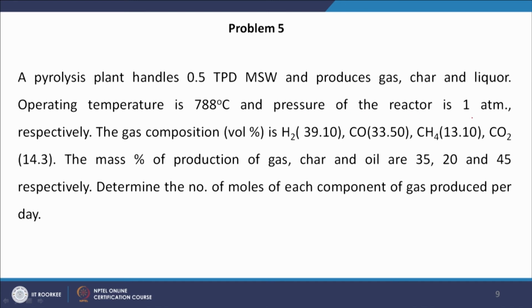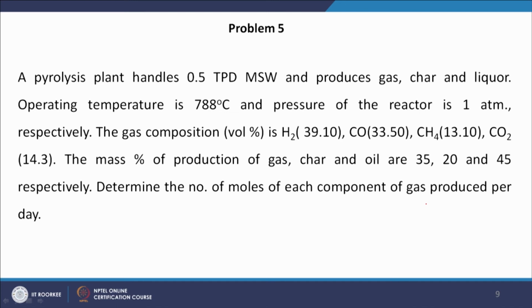The gas composition volume percent is H2 39.10, CO 33.50, CH4 13.10, CO2 14.3. The mass percent of production of gas, char and oil are 35, 20 and 45 respectively. Determine the number of moles of each component of gas produced per day.